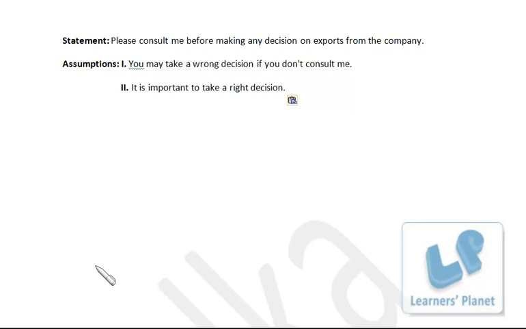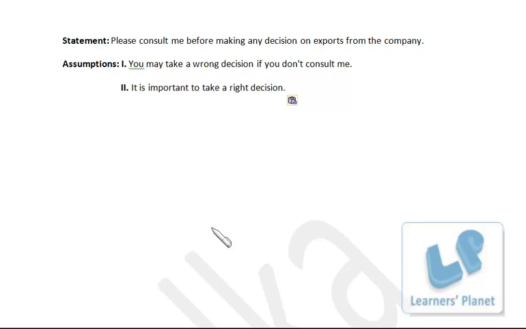So if the junior doesn't take consultancy or advice from the senior, he may end up taking a wrong decision which may not be in favor of the company. That's why a senior guides a junior that you should consult me before you take any decision, right?